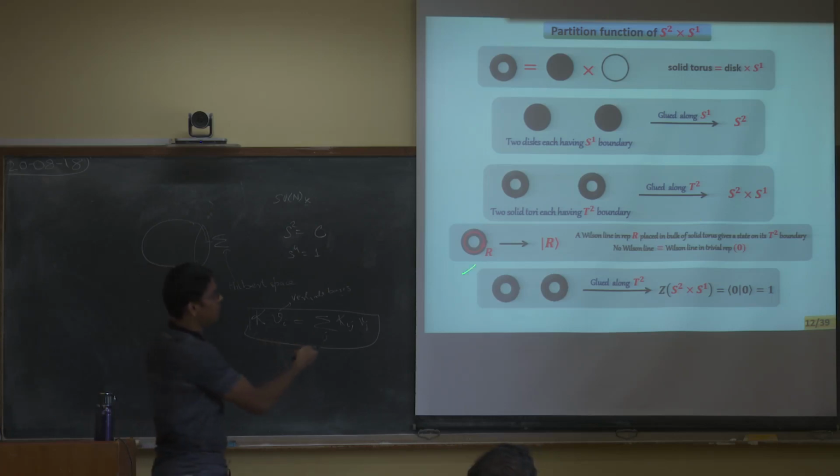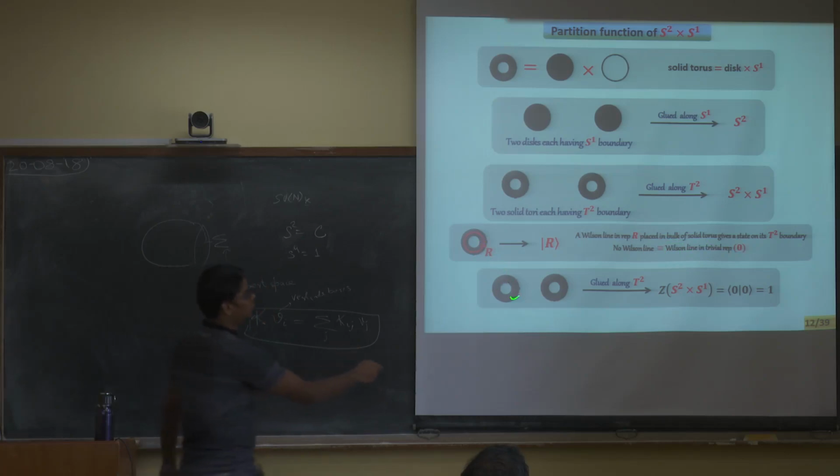We have also seen that if we have a solid torus with a Wilson line in representation R running parallel to the B cycle, then the Chern-Simons path integral gives a state R. No Wilson line is equivalent to a Wilson line in the zero representation.